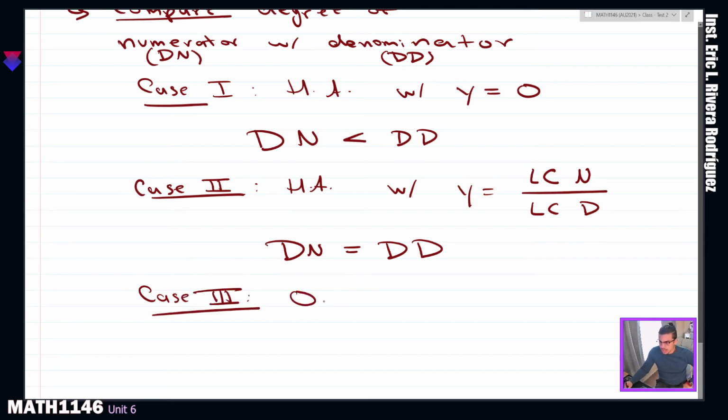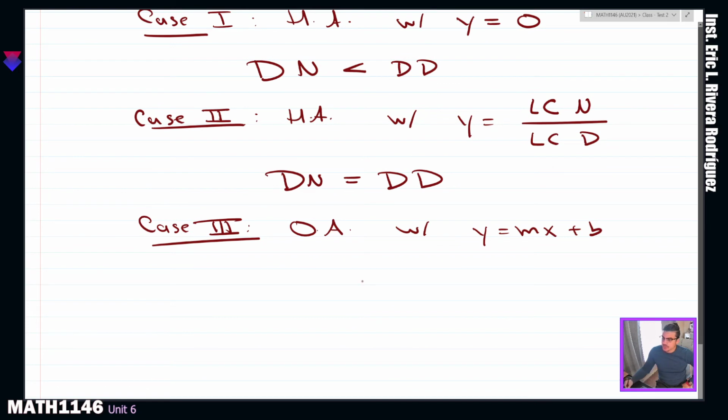Case number 3. We are going to have an oblique asymptote with a linear equation of that oblique asymptote. So we will have a linear equation that represents the oblique asymptote. When is that going to happen?